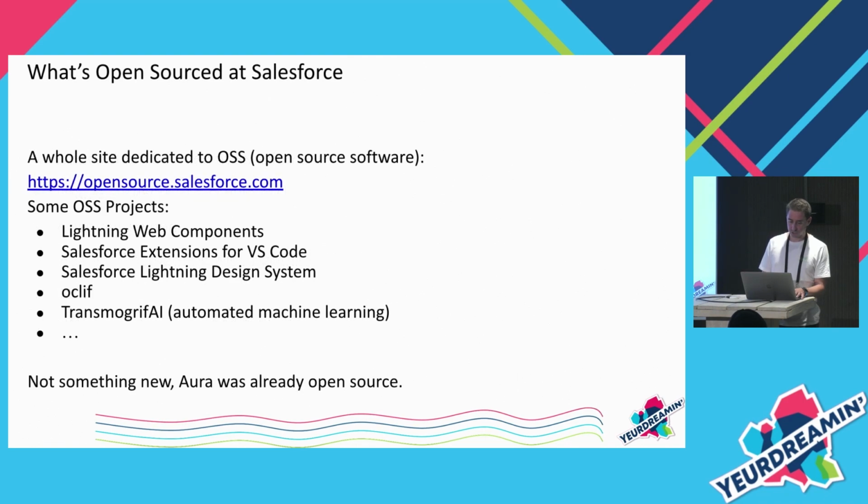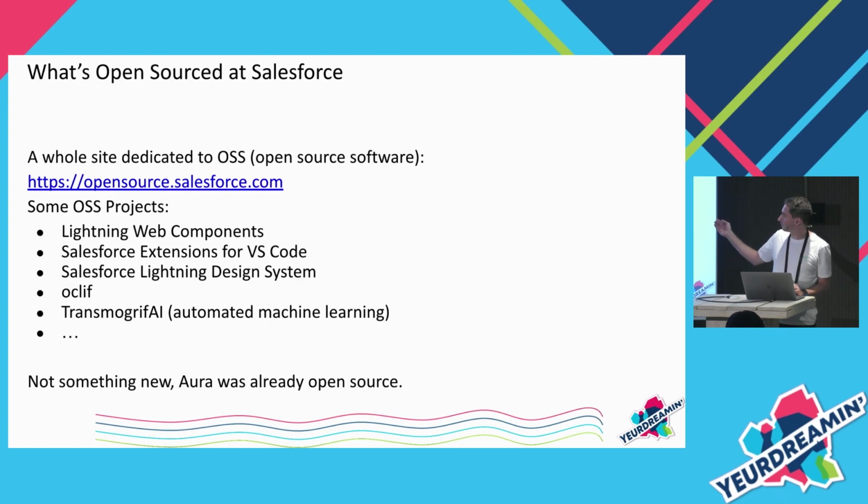So let's skip the agenda. First, there are several things that are open source at Salesforce. There is a whole website for it, actually. Things you may know, of course, like LWC, extensions for VS Code, SLDS, etc. It was Aura, actually, so what's behind the Lightning experience was already open source at the time, even though it didn't get much more love for the open source part. There are already lots of things, not the same level of open sourceness, can I say that?